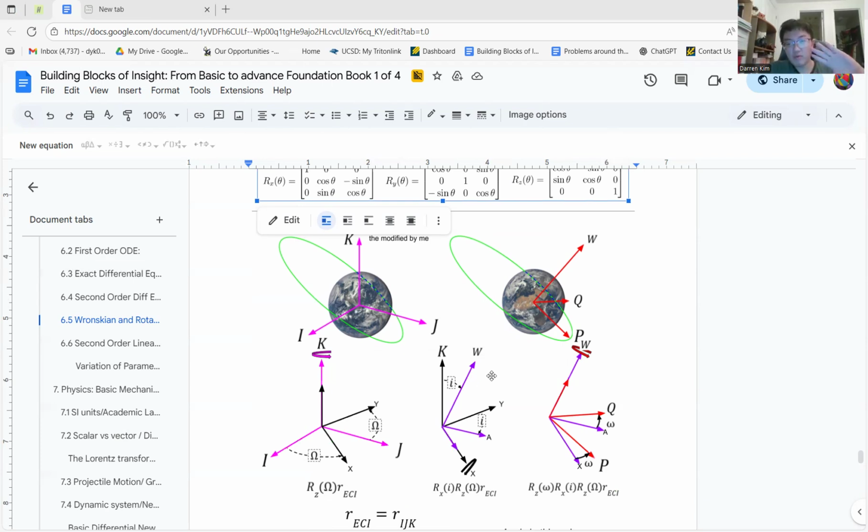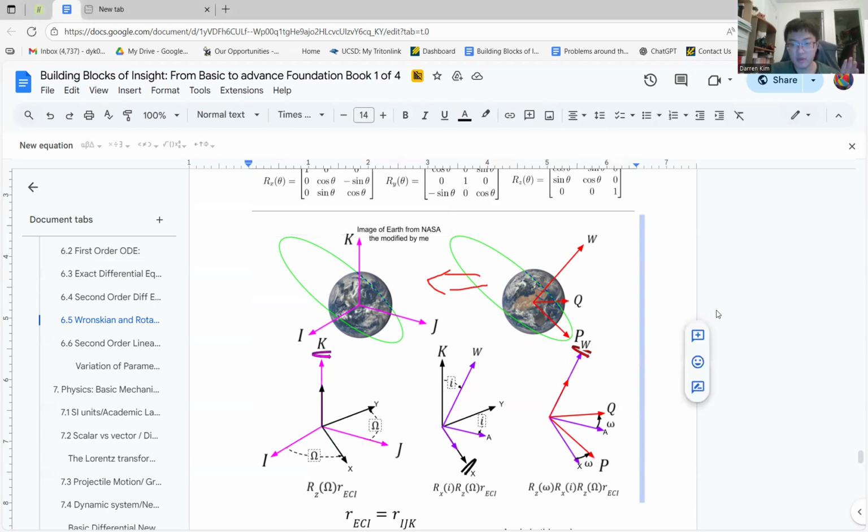A lot of times you go from this coordinate system back to IJK, but for the sake of argument, we're going to go from IJK to PQW. The reason we're doing that is because it makes it easier to go back to that one. You'll see why.